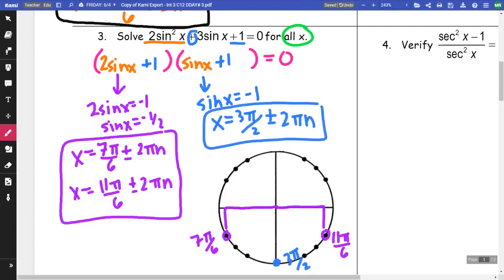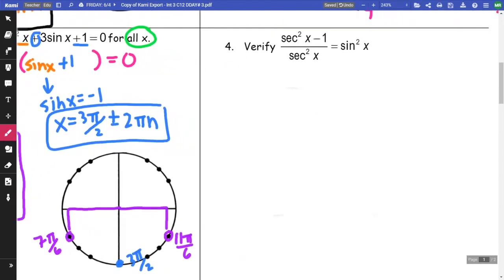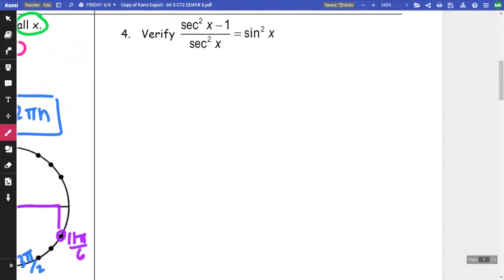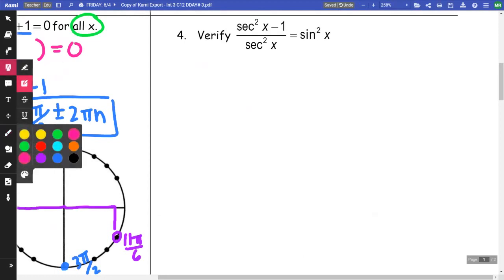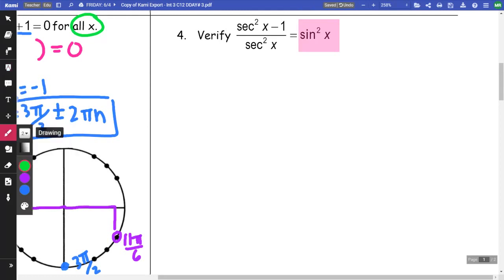On number 4, we're going to be verifying. So I want to try to get the left-hand side to equal this right-hand side. So I'm going to keep the right-hand side and work on the left-hand side.